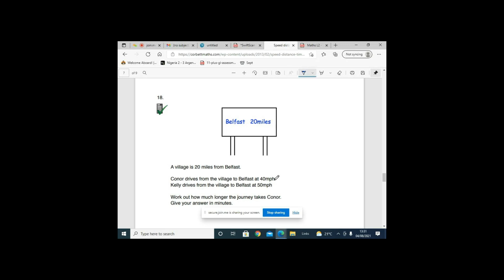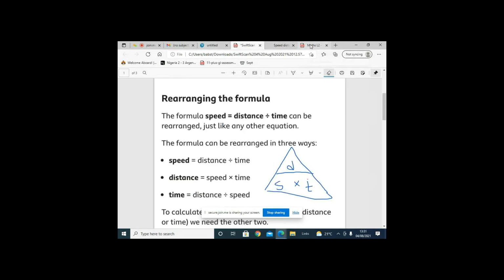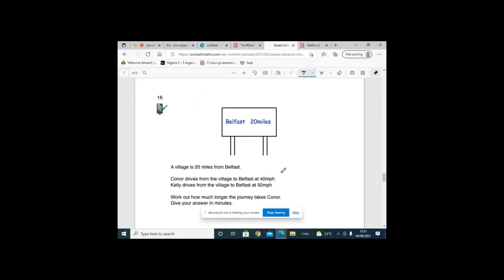So the time for Connor is distance divided by speed, 20 divided by 40, which equals 0.5 hours. That's 30 minutes. Then for Kelly, 20 divided by 50 equals 0.4 hours.